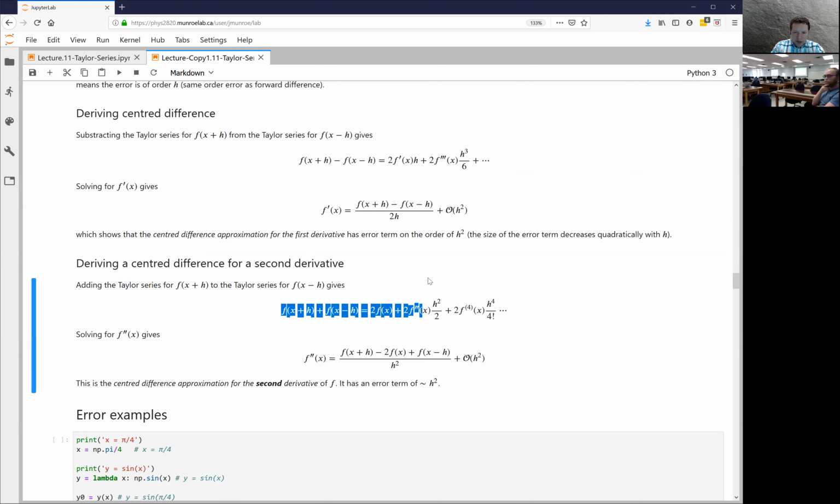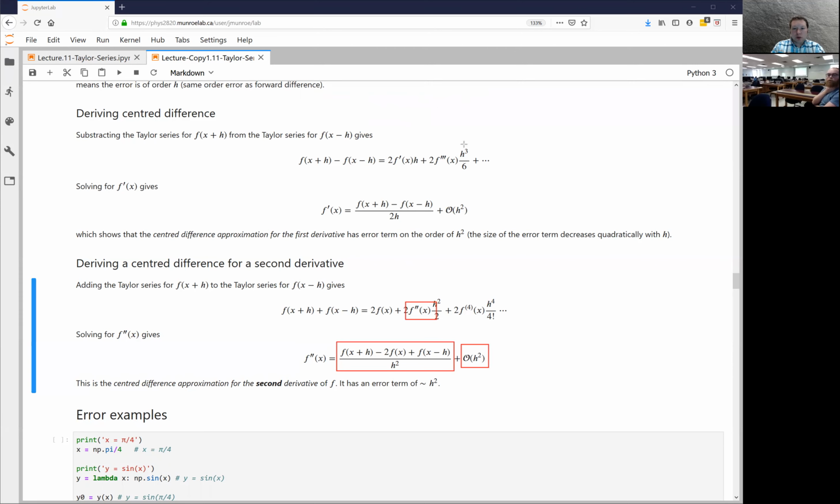I could now solve that expression for f double prime of x and come up with an approximation for the second derivative. So this is the central difference approximation for the second derivative, and that is an order h squared approximation.